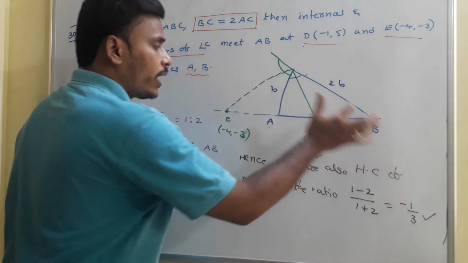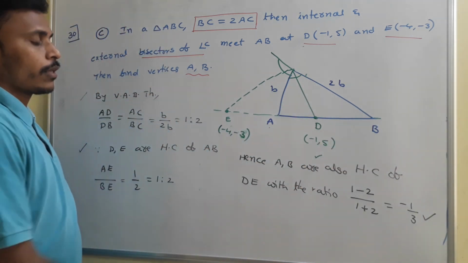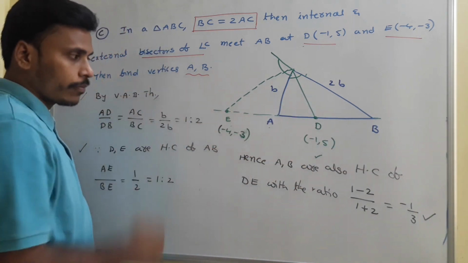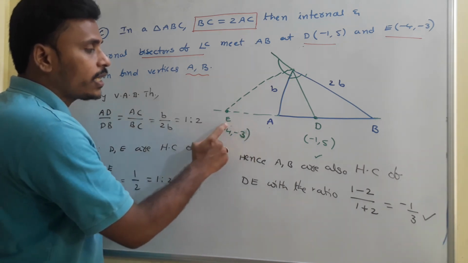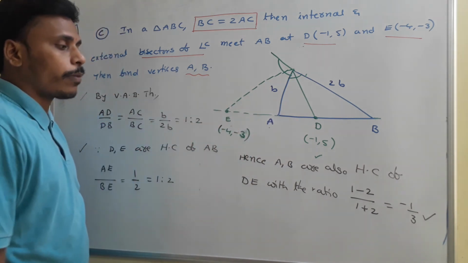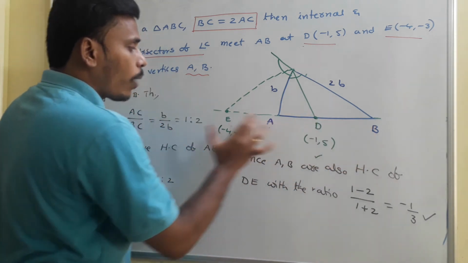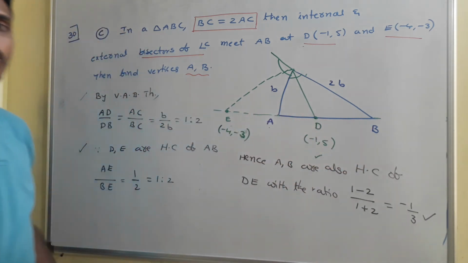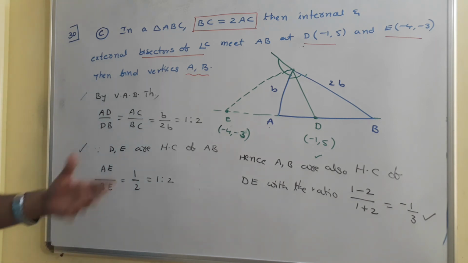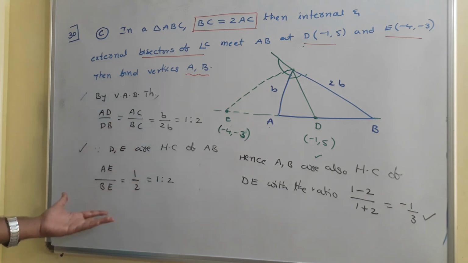We need to calculate A and B using this D and E. So A is dividing this part in the ratio 1:3, and B will divide again this ED in the ratio 1:3. Use that ratio concept, use the section division formula, and easily you will find A and B.